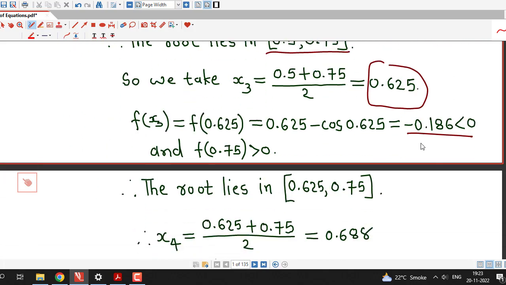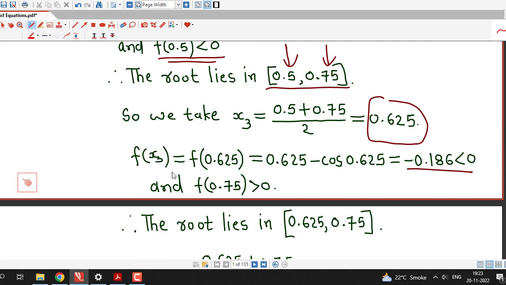So that we have written here also. F of x3, that is f of 0.625, is negative, and 0.625 is average of 0.5 and 0.75 and function is positive for 0.75.